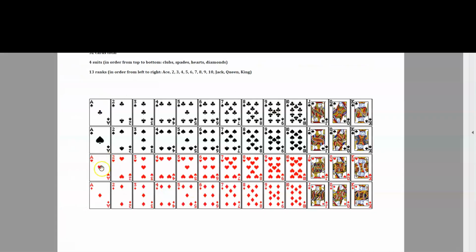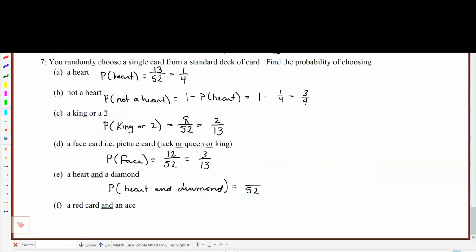Well, here are your hearts right here. In this set of hearts, how many of those hearts are also diamonds? Well, none of them, right? That's a totally separate category. The diamonds are down here. So for a card to be both a heart and a diamond, there are 0 cards that satisfy that. So that probability is 0. A card cannot be both a heart and a diamond.